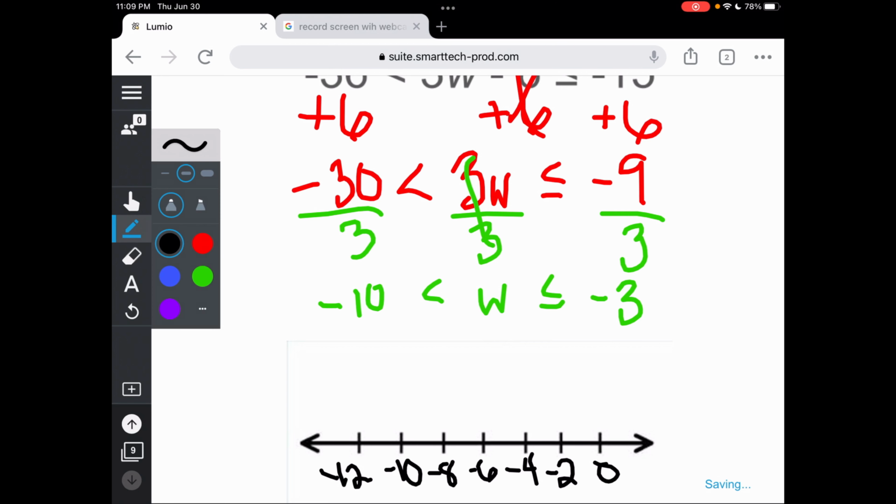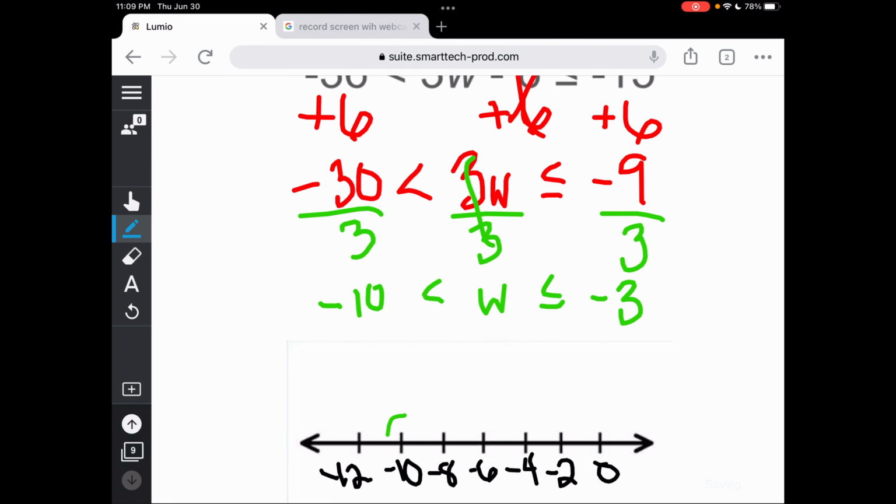I'm going to put a circle in at negative 10. I'm going to put a circle at negative 3, which is in between negative 2 and negative 4. I'm going to fill that circle in because this one is a less than or equal to, and I care about all the stuff in between.